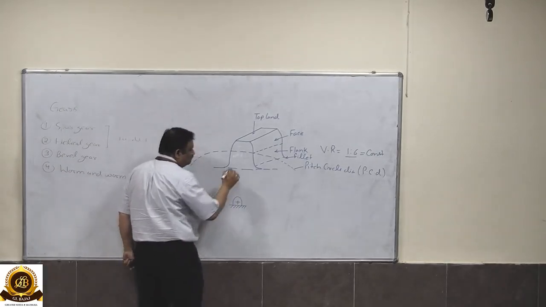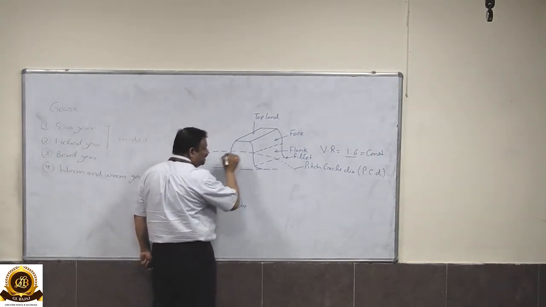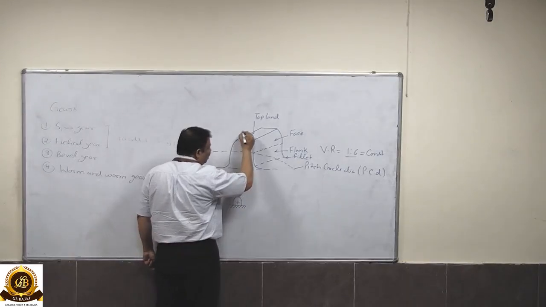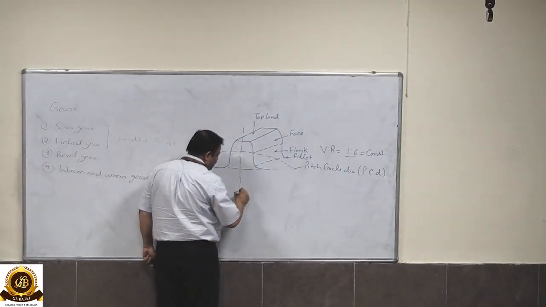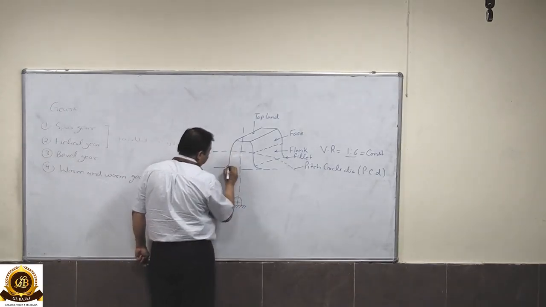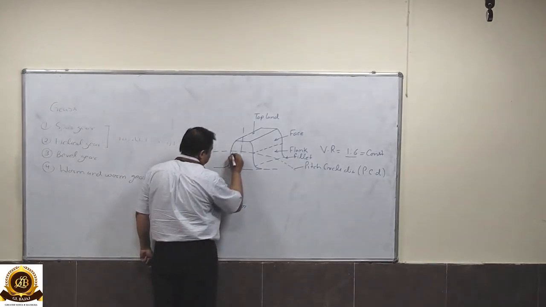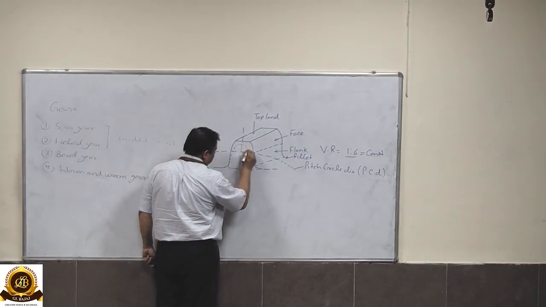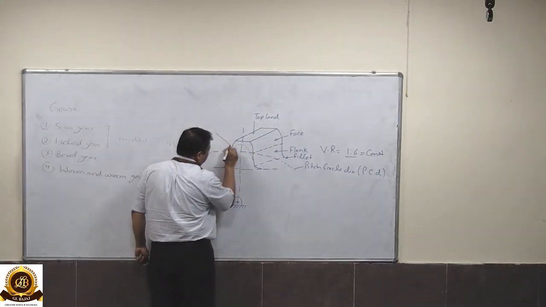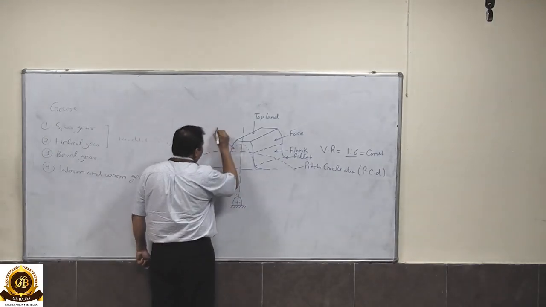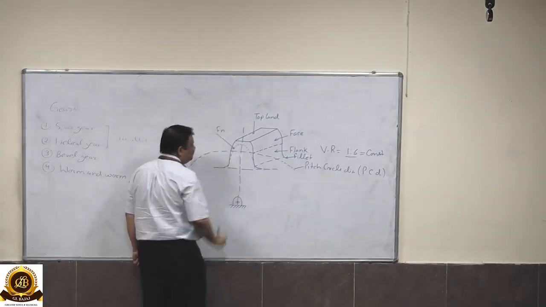Now here what is happening: while transmitting the power, this normal tooth is subjected to a force which is called the normal force of engagement, Fn.